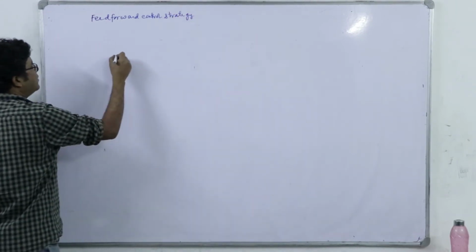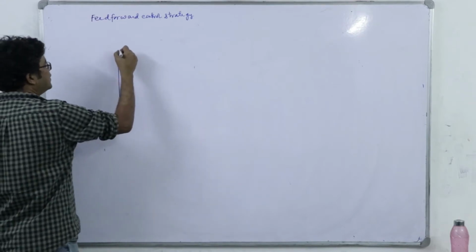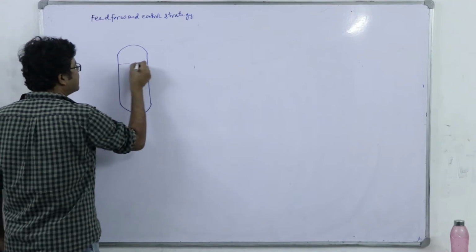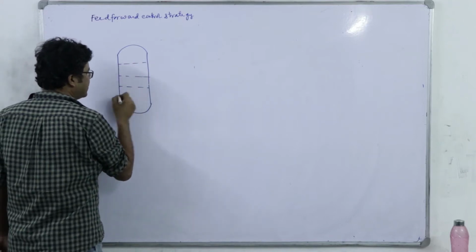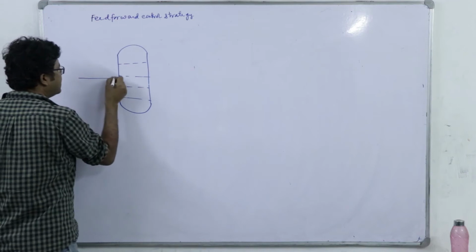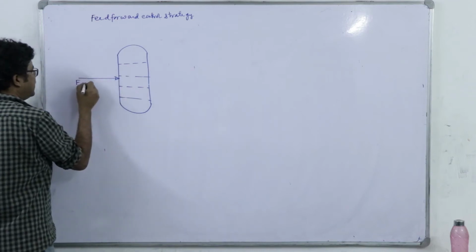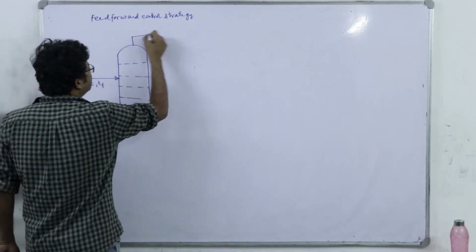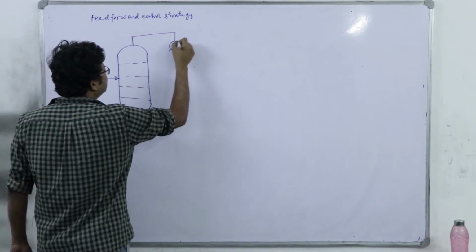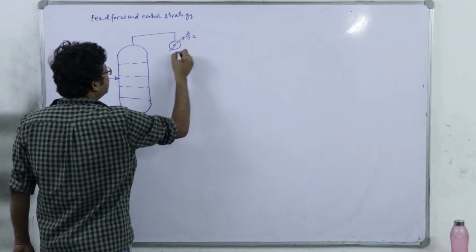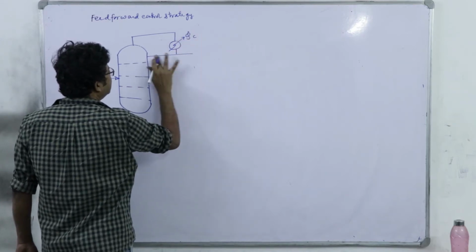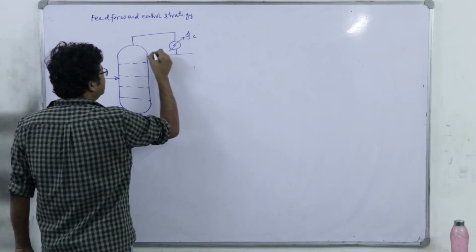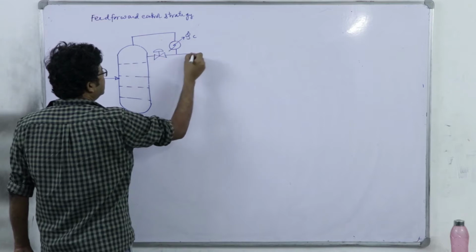So, here again, let me draw the distillation column once again. We have the feed flow rate F, ZF, TF, there is a total condenser Q dot C and a reflux valve which adjusts the reflux ratio, right.